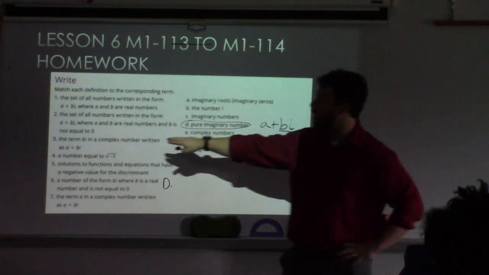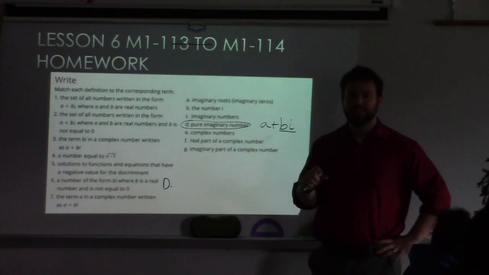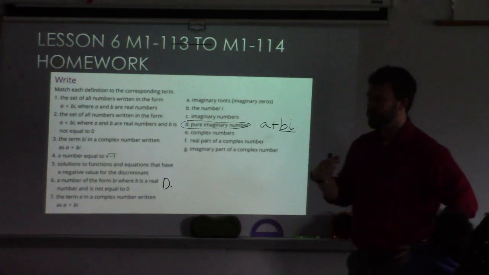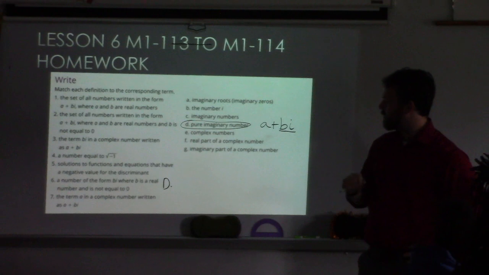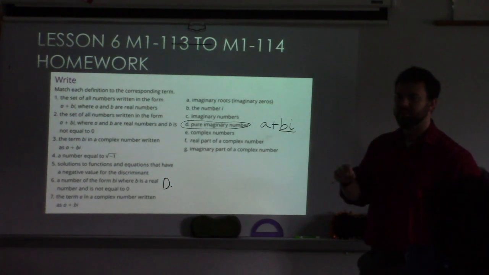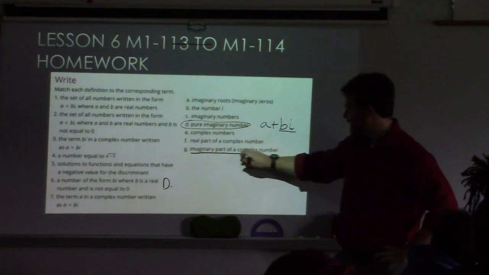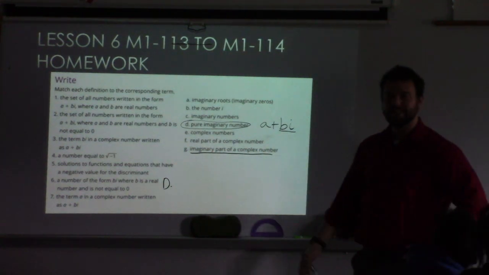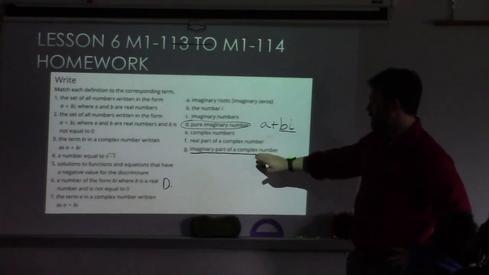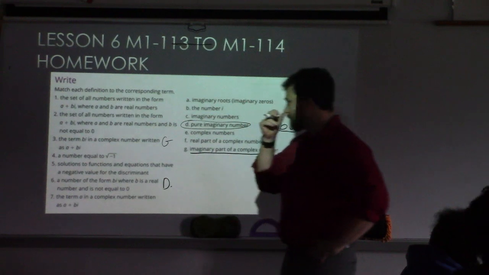We just said that bi is the imaginary part of a what? A complex number. Notice that's the imaginary part of a complex number. That is G. So that's 3.